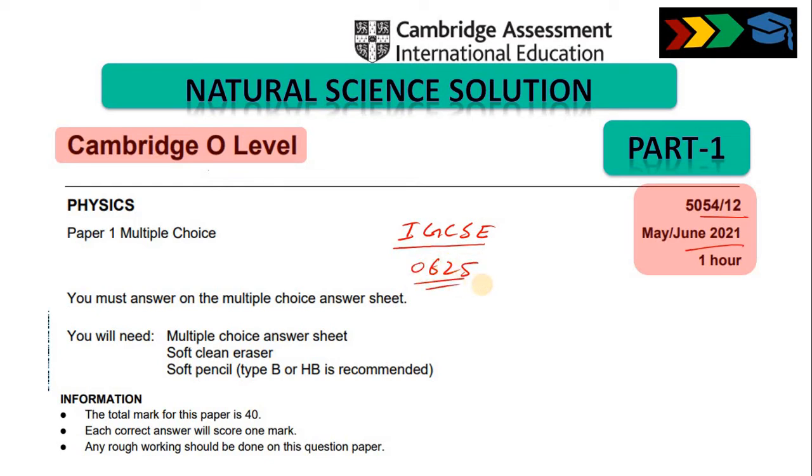There is a very small difference, some small topics differ, otherwise the paper pattern and style of questions are exactly the same. So it is a good idea that IGCSE students also practice from O-level, or O-level students from IGCSE, in my opinion, but it's your choice.